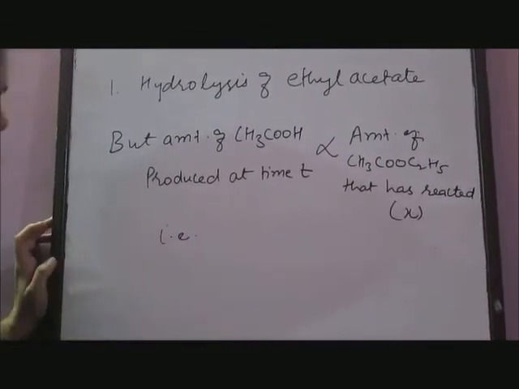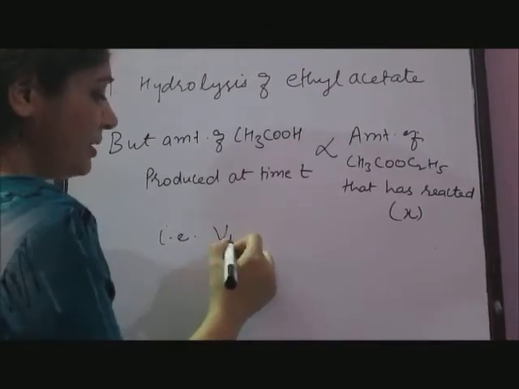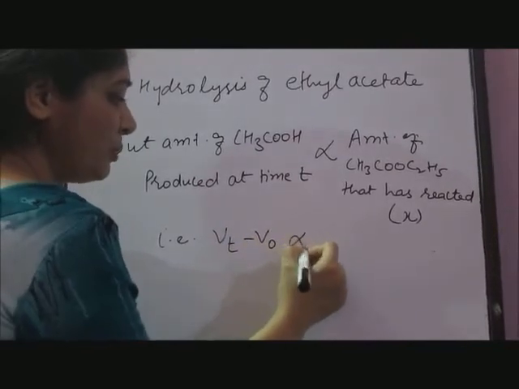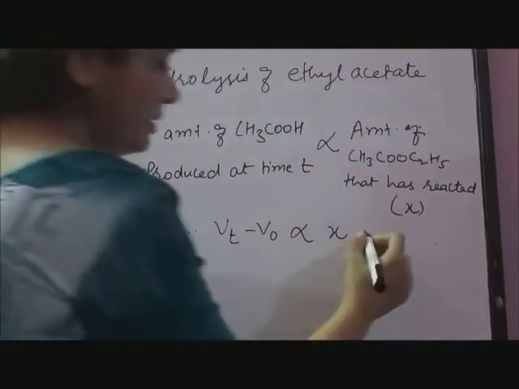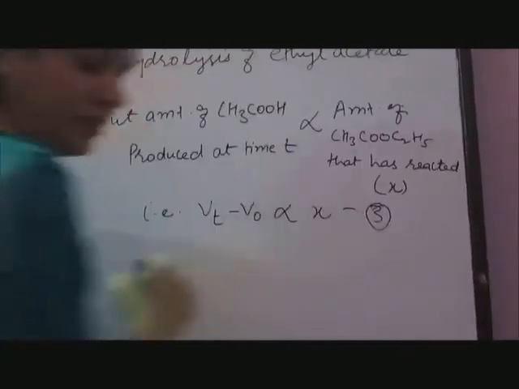Therefore, Vt minus V naught is proportional to x. This is equation number 3.